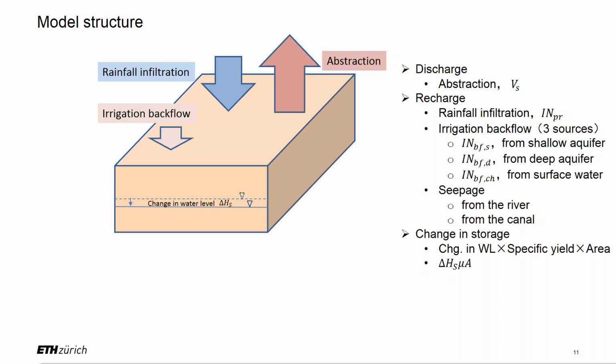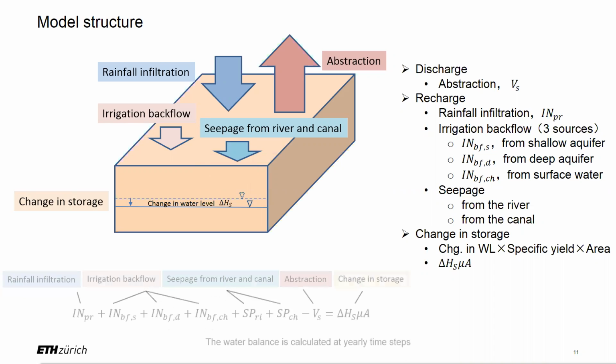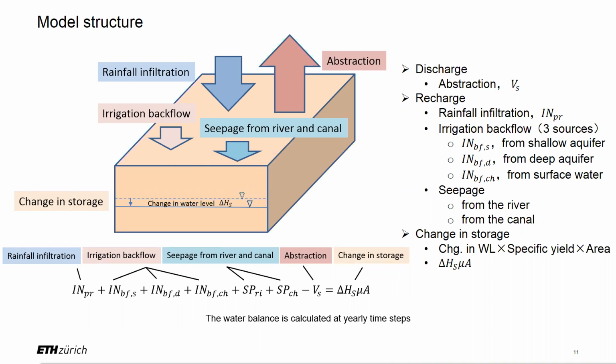There is also seepage from the river and from the canal in the middle of the county. The change in storage of the shallow aquifer can be calculated as the product of change in water level, specific yield, and the area. So we can write the equation of water balance of the shallow aquifer as this.